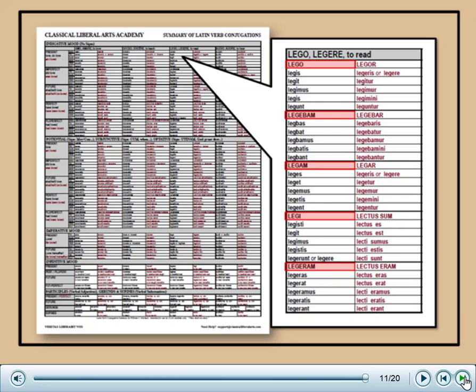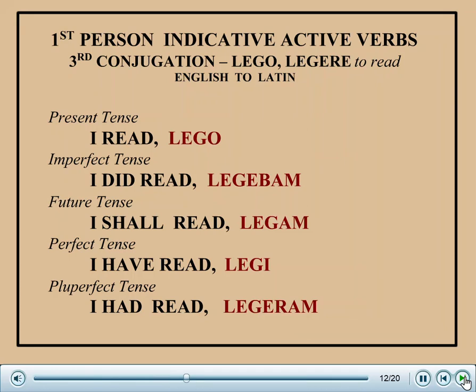Find this box on your verb summary chart and we'll begin. First person indicative active verbs for the third conjugation, using the verb lego, legere, to read.